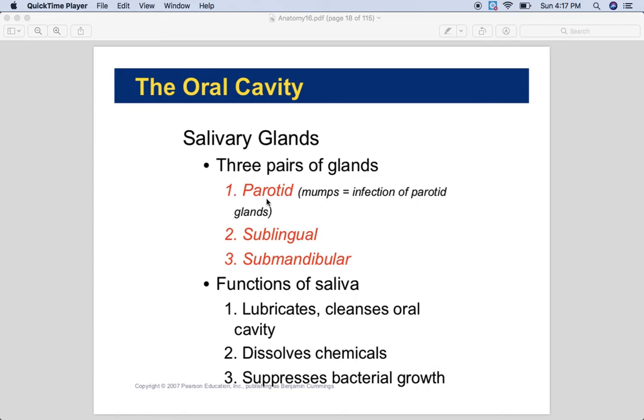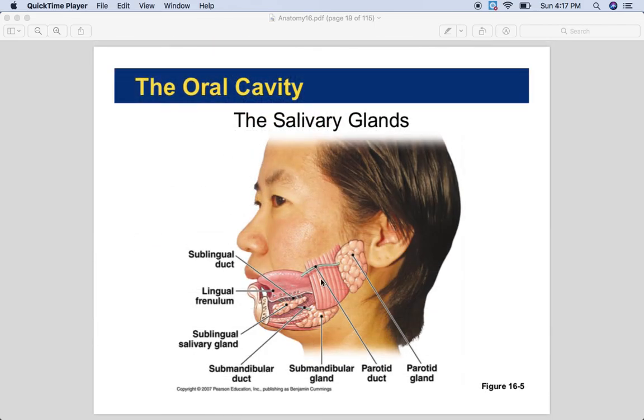Now, those 3 pair of salivary glands: parotid, sublingual, and submandibular. The parotid are right here, right in front of your ear. There's a duct that leads from your parotid glands into your mouth. See this duct right here?